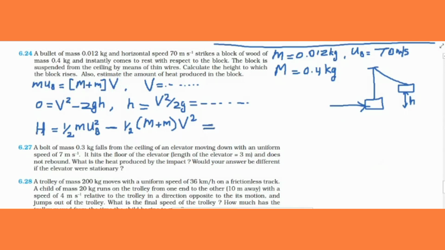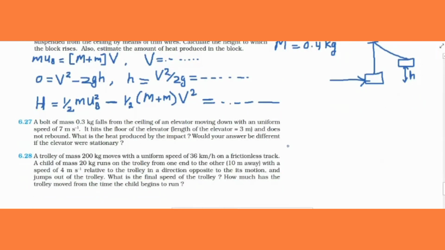That much energy is lost in the form of heat during the collision. Okay, so try to find the answer. Now next, question 25 has been discussed already. 26 also. Now come to question 27.